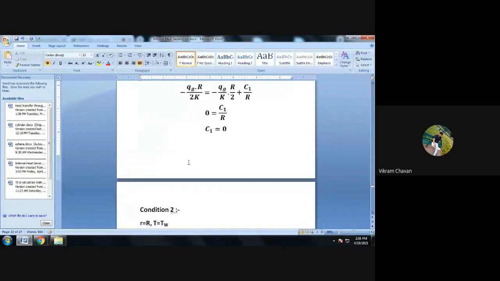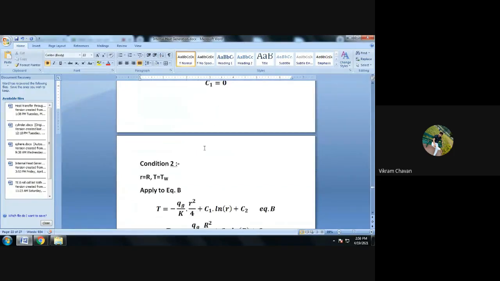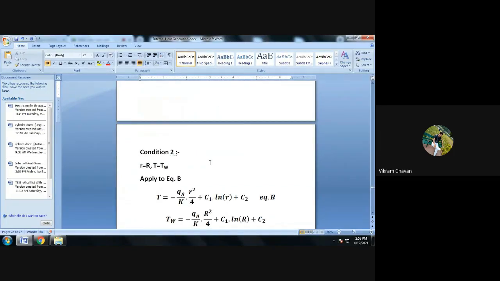Now next we have to apply the second condition. What is the second condition? When small r is equal to capital R, T becomes TW. When we are at the surface of the rod, the radius is the total radius, complete radius of the rod is capital R, and the temperature of the rod surface is TW. So that is nothing but the rod surface temperature.